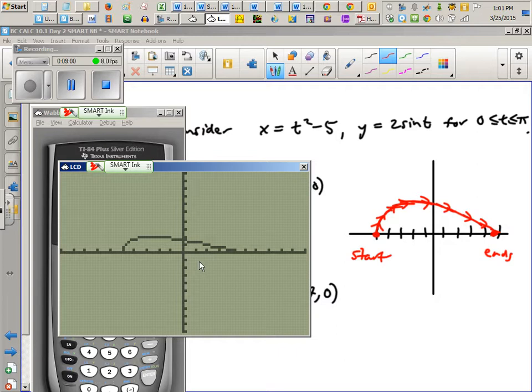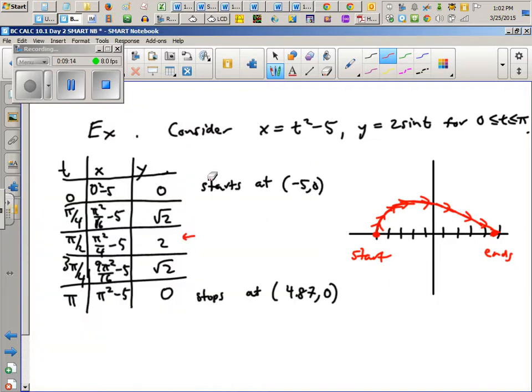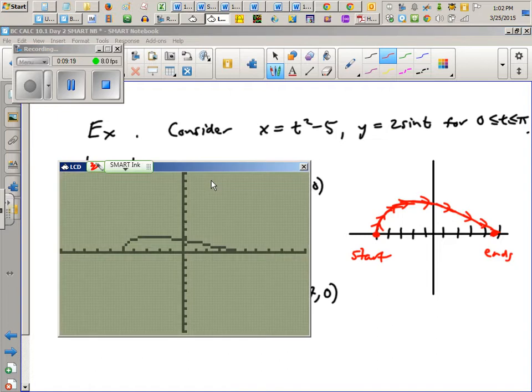Direction. What else? Yeah, you can't tell from this image what the starting point is, what the stopping point is. Whereas on mine, because I made the table, I knew that it started at 0, 0. I should say negative 5, 0. So just know the limitations of parametric mode on your calculator.